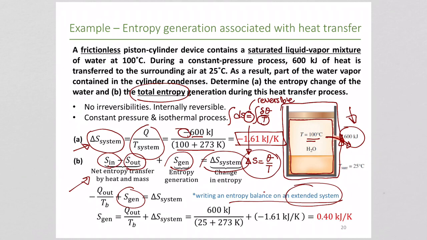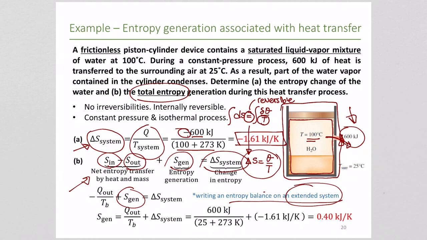Now, since it is in the immediate surroundings, the entropy is not getting in because there is no heat getting in, but the entropy is getting out because heat is carried out.